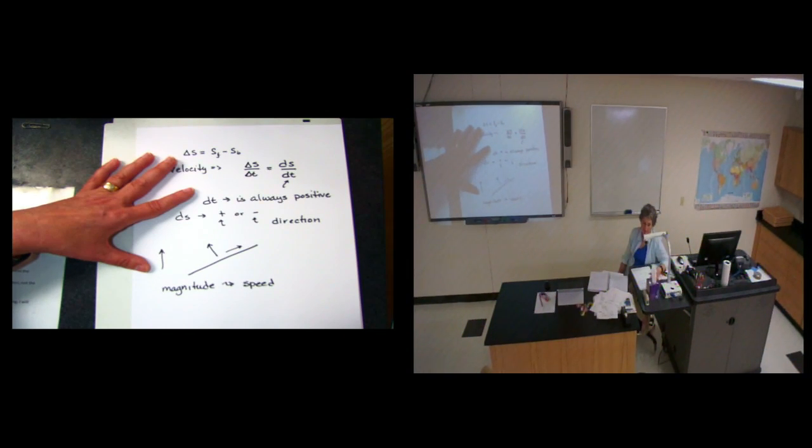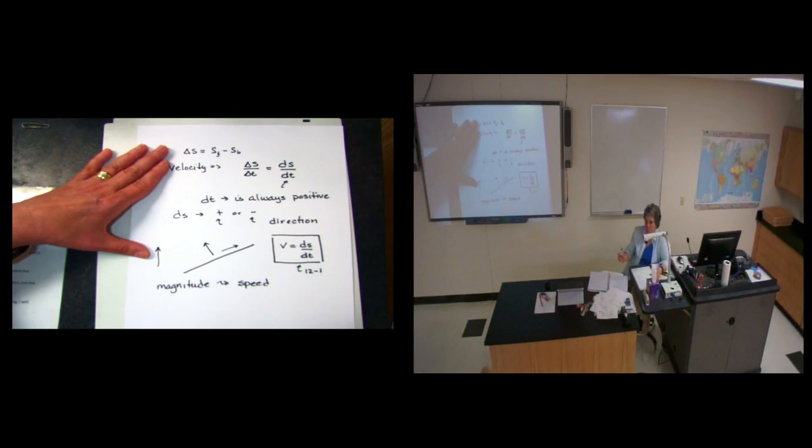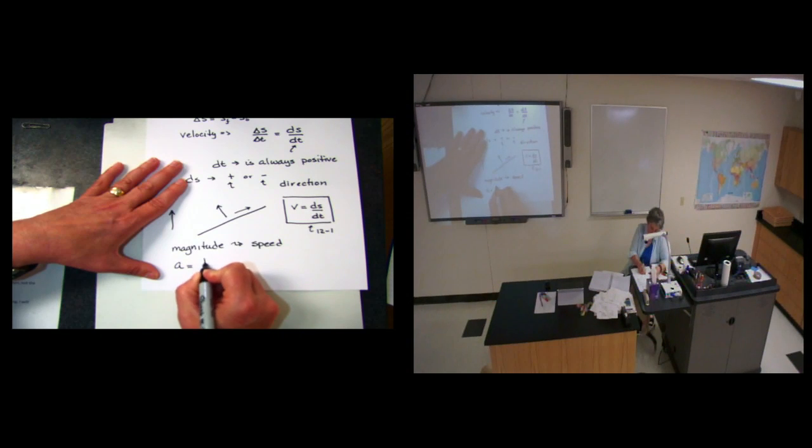So if I do v is equal to ds dt, I'm going to change this to dt is equal to ds over v. I can also have acceleration is equal to dv dt, which also means that dt is equal to dv over a. dt is equal to dt, so I can get ds over v is equal to dv over a.